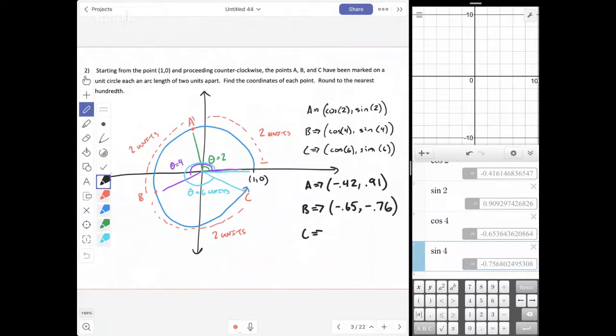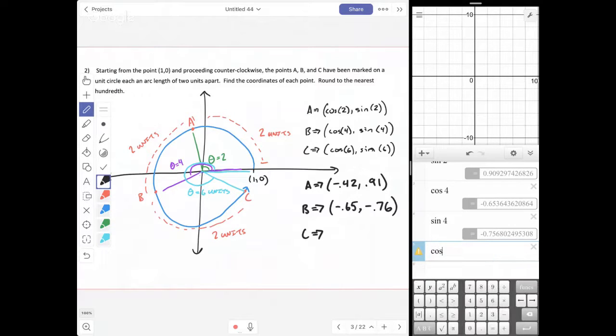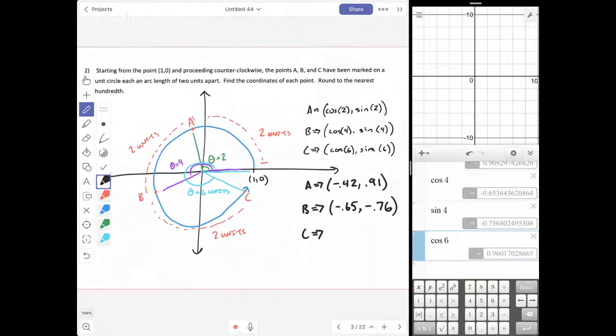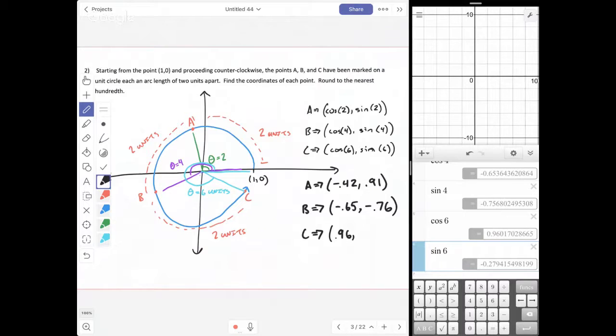And point C, at cosine 6, sine 6, is 0.96, negative 0.28. There's the answer.